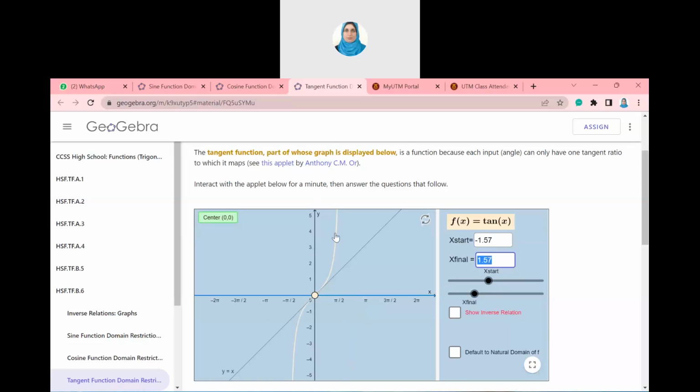This part is one-to-one. Now you can show the inverse. If you reflect around the line y equals x, this is your inverse function. This is why we have to choose a domain where the original function is one-to-one. And this domain will become your range.